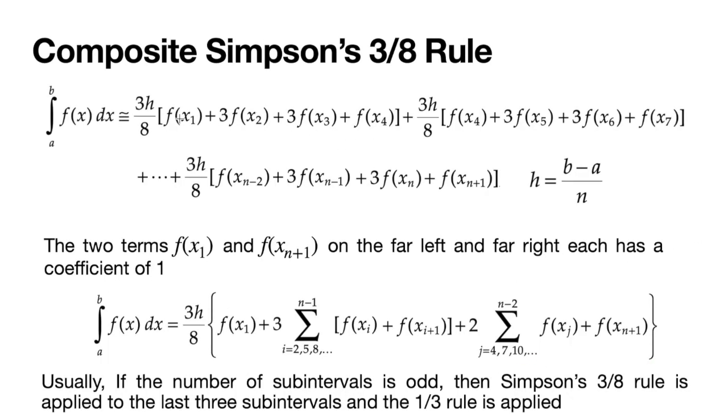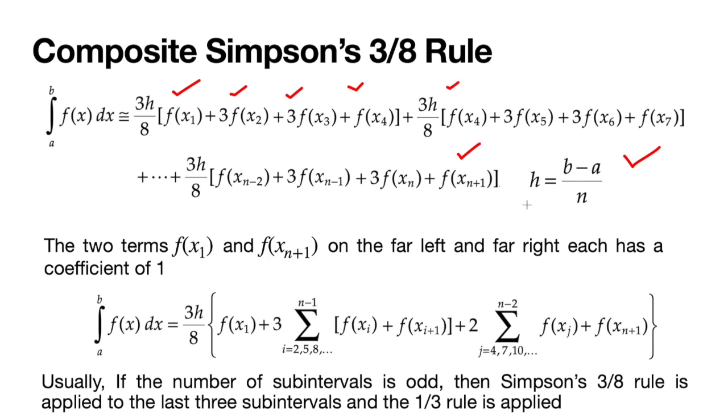If we apply the composite 3 by 8 rule, then this is the expression we get, and you can see that f of x1 and f of xn plus 1 are repeating only once. Some are multiplied by 3 and some are repeating twice, similar to what we did in the Simpson's 1 by 3 rule.